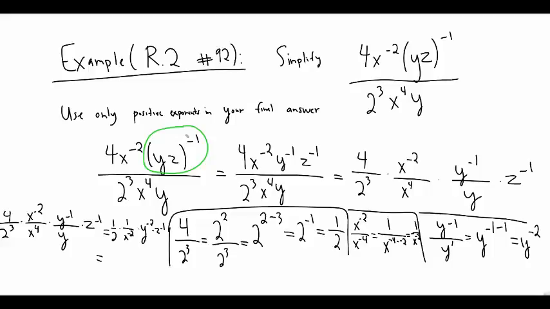So now, since it says use only positive exponents in your final answer, let's eliminate all the negative exponents. This 1 over x to the minus 2 becomes simply x to the positive 2. This becomes 1 over y squared. This becomes 1 over z. So now writing this as a single quotient we have for our final answer x squared on top, 2y squared z on the bottom. And that is our final answer, in most simplified form, and we use only positive exponents.